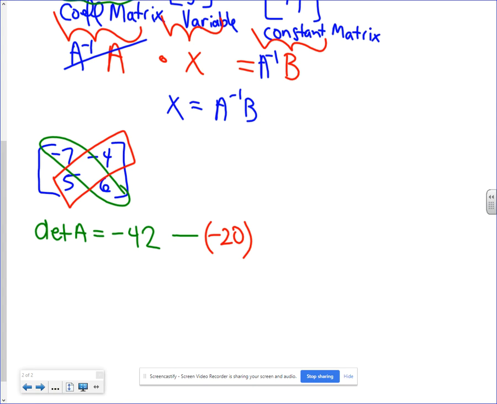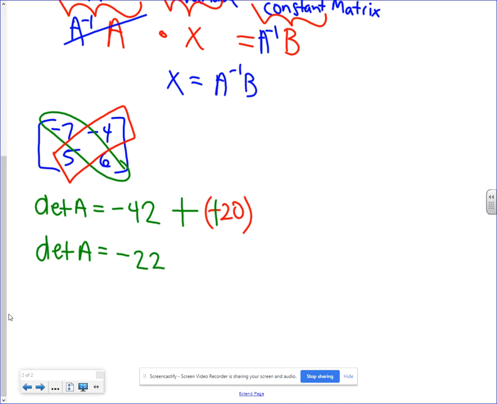So we got negative 42 minus negative 20 becomes negative 42 plus 20. So the determinant of A is negative 22.